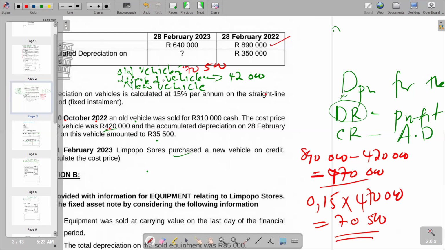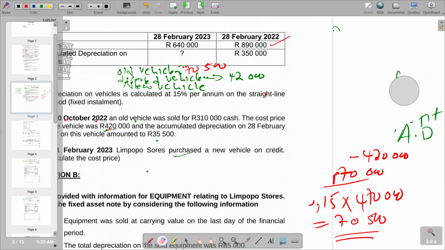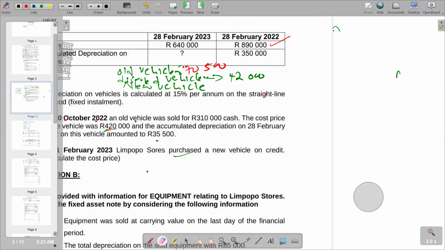And then for the new vehicle, we try to see how we can go about that calculation. Right. For the new vehicle, we can just go back to the information given.